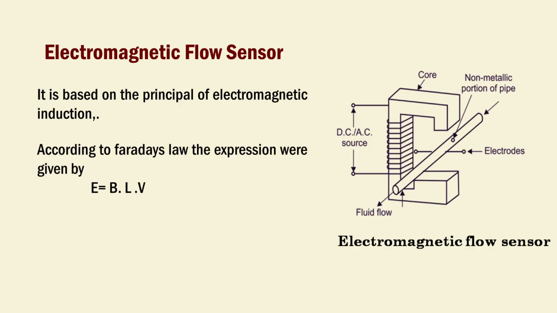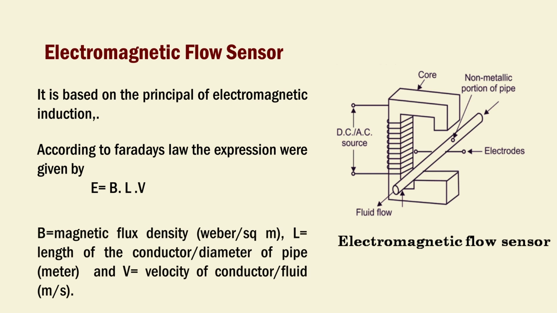According to Faraday's law, the expression is given by E is equal to BLV, where B is the magnetic flux density, L is the length of the conductor or diameter of the pipe, and V is the velocity of the fluid or conductor.